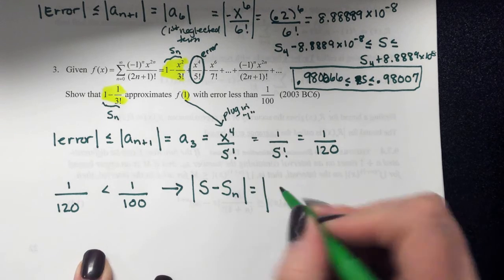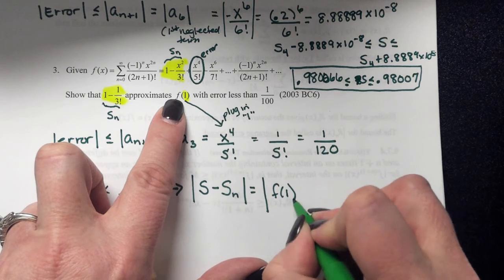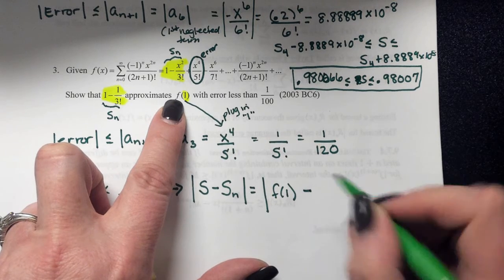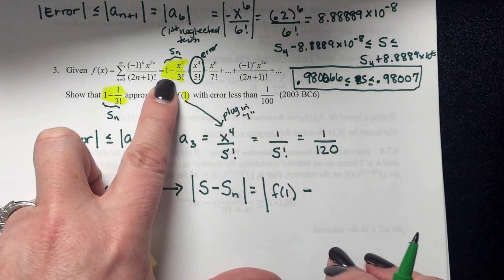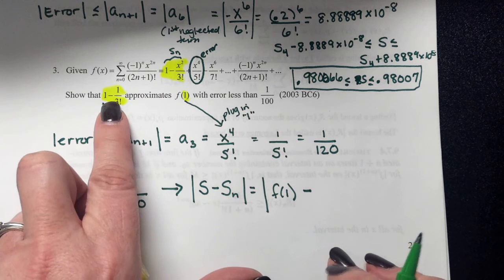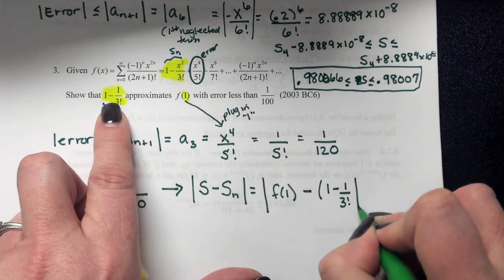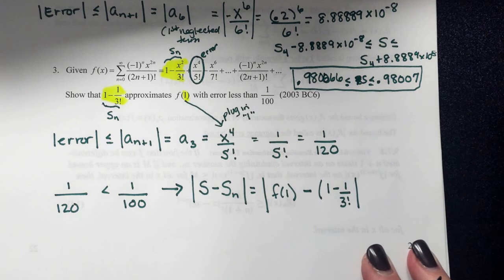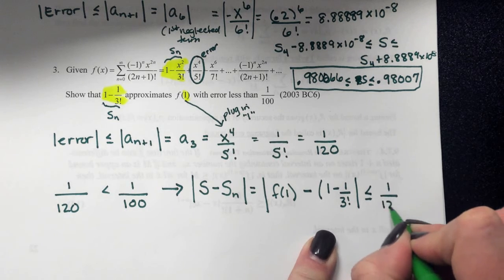In this particular case, the actual sum is your f of 1, minus S of n, which represents the first two terms in this particular series by plugging in that 1. So 1 minus 1 over 3 factorial. And this has to be less than or equal to 1 over 120.